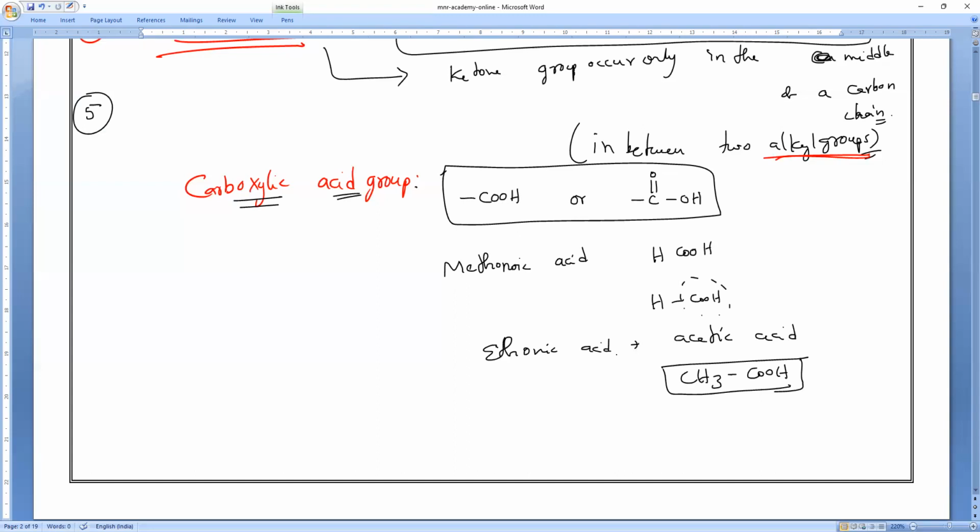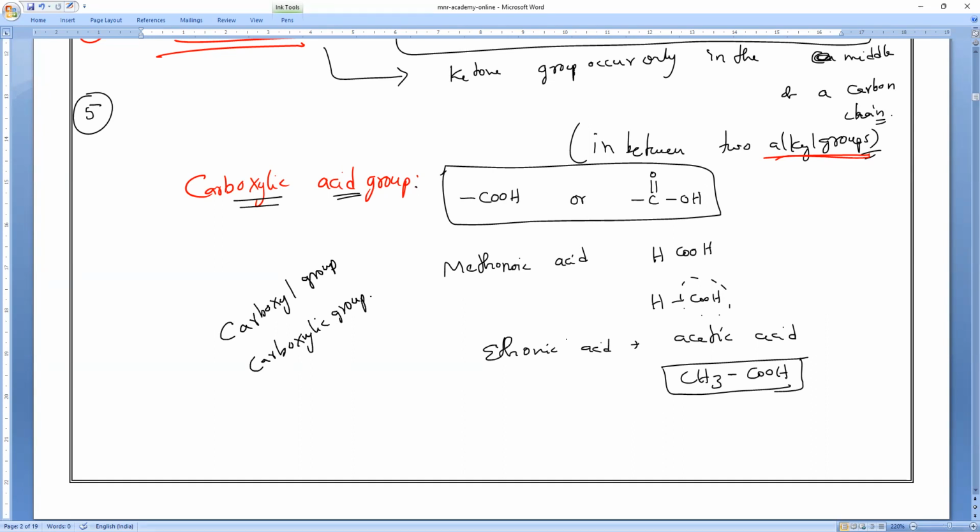The carboxylic acid group, we can say carboxyl group or carboxylic group. Whatever it is, it is the same, please learn it. Carboxyl group and carboxylic group are all the same, so please don't get confused. Remember that. Anybody having any doubt, you can ask. Are you clear, all of you?